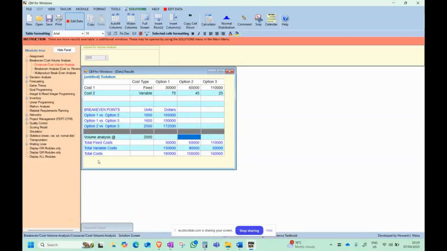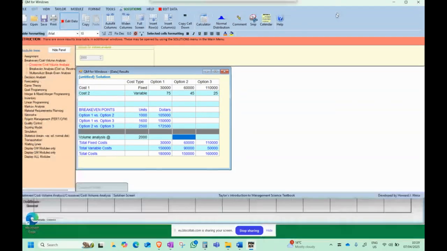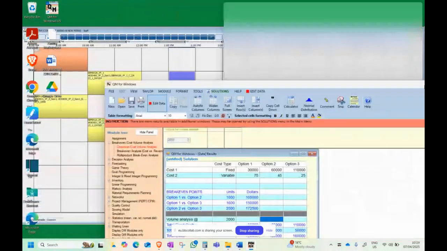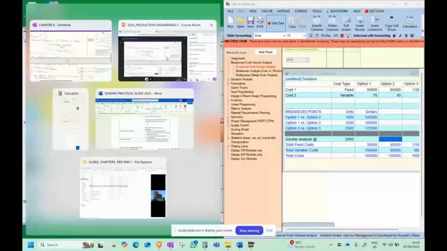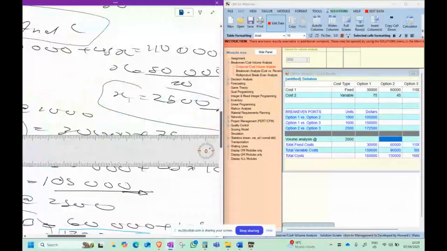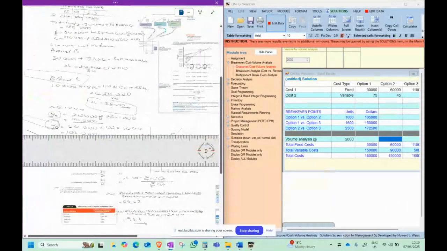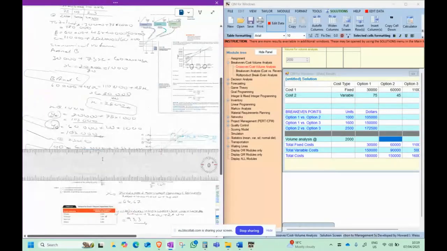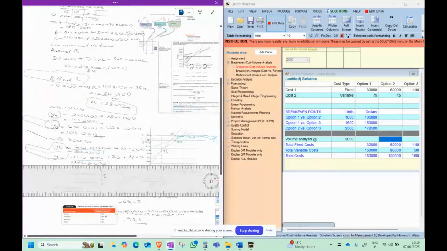So these are the dollars, 105 and 172. For option 1, we got 105 indeed, as you can see, that's your 105 and that's your 172.